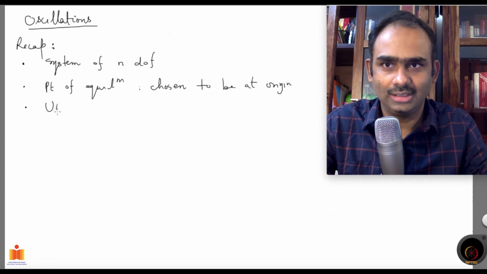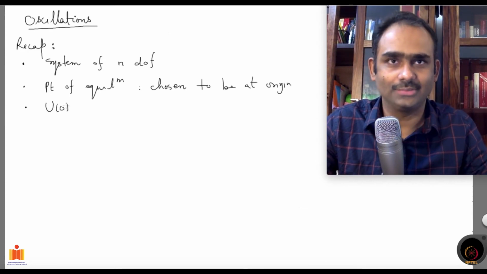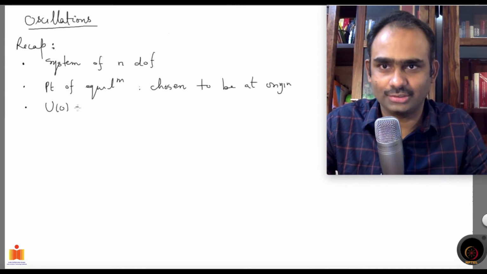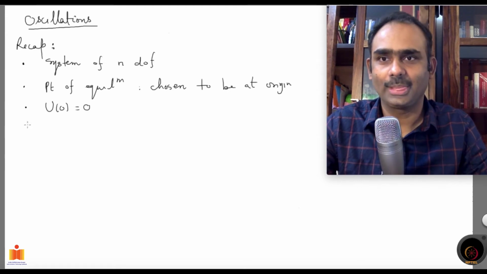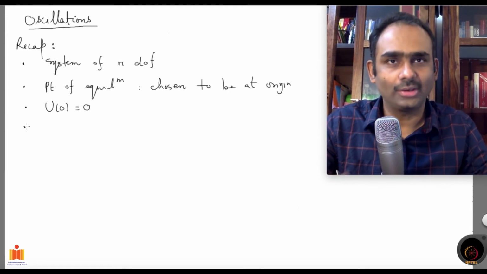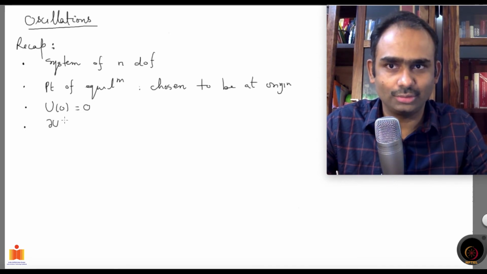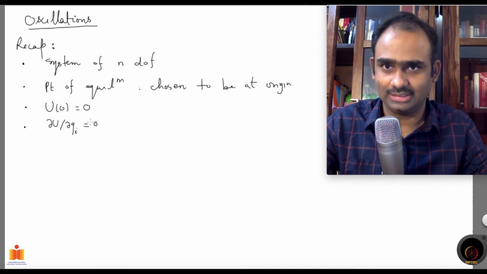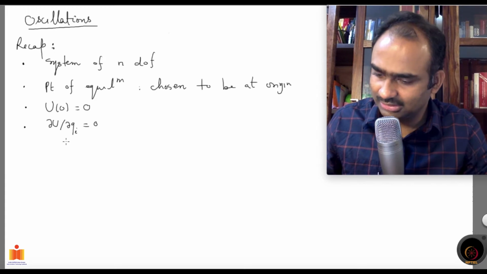So U at 0, by this 0 I mean all the coordinates take value 0, has been chosen to be 0. And the fact that that point is a point of equilibrium meant that the derivatives del U over del Qi vanish there. That's what we derived as a condition.